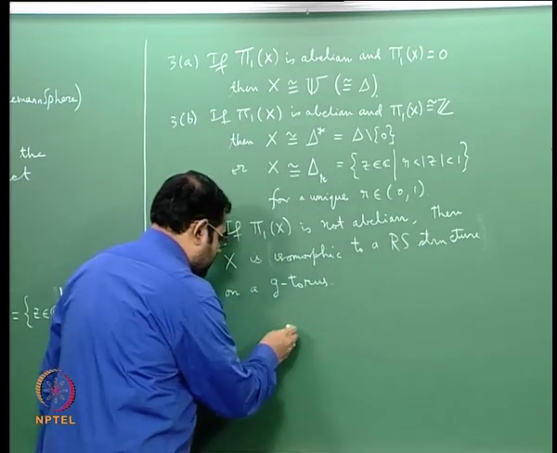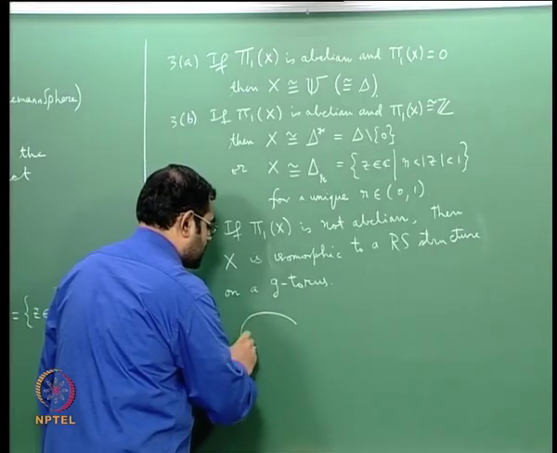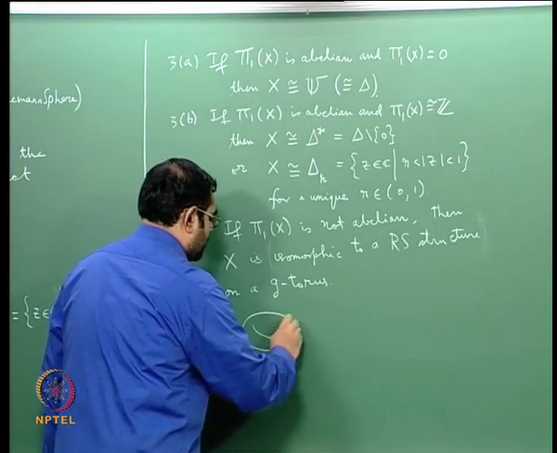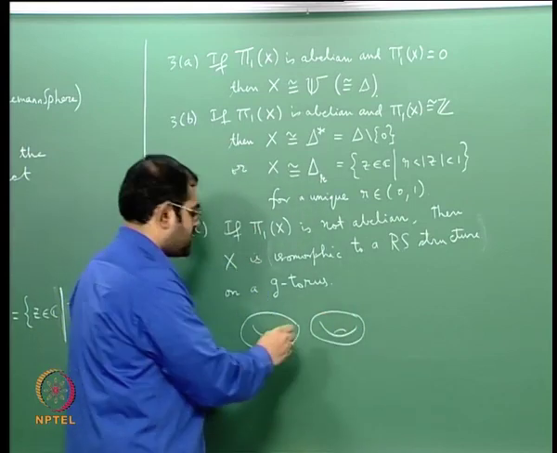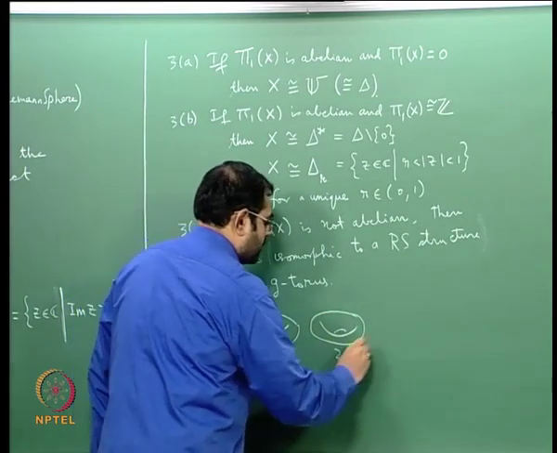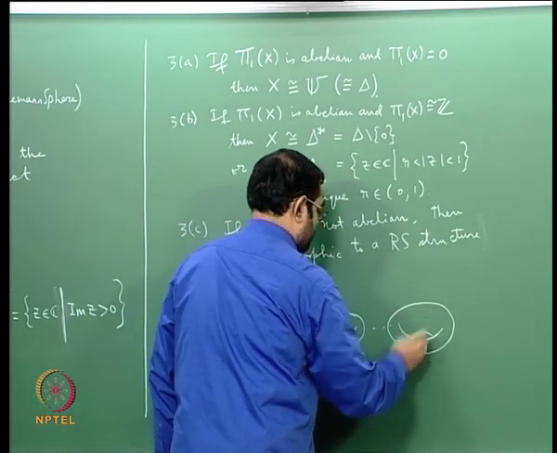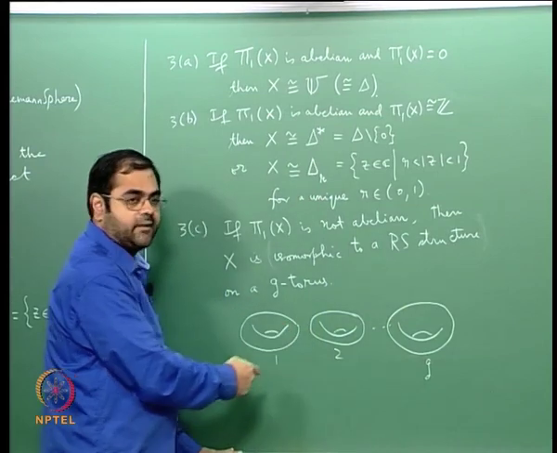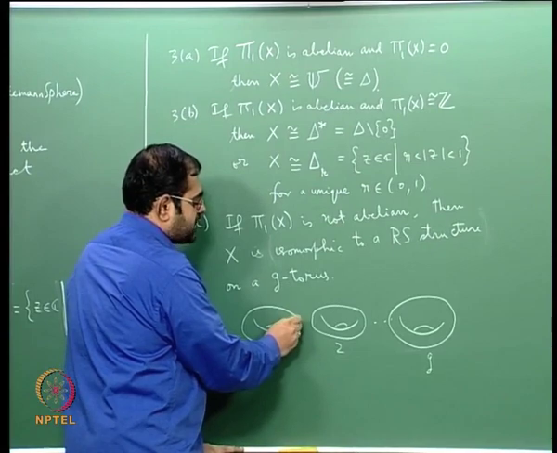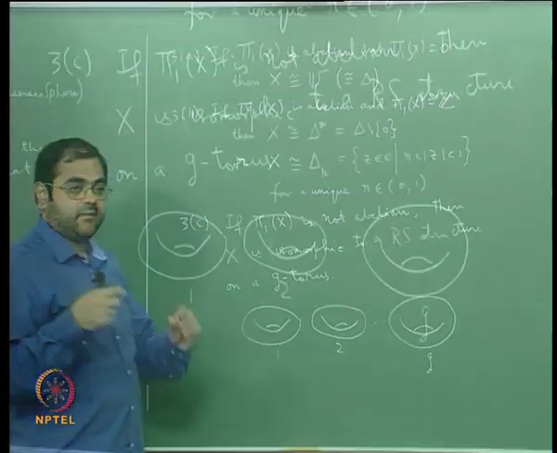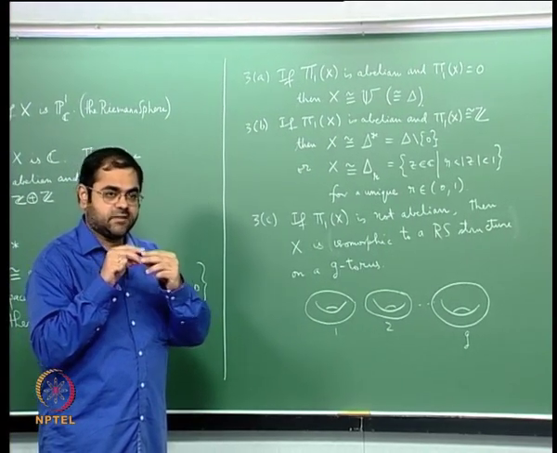So a g-torus is something that is gotten by taking g copies of the real torus, 1, 2 and so on up to g, and what you do is you stick them together, namely you cut out an open disk here, you cut out an open disk there, and then the boundary circles of these two open disks, you just stick them.